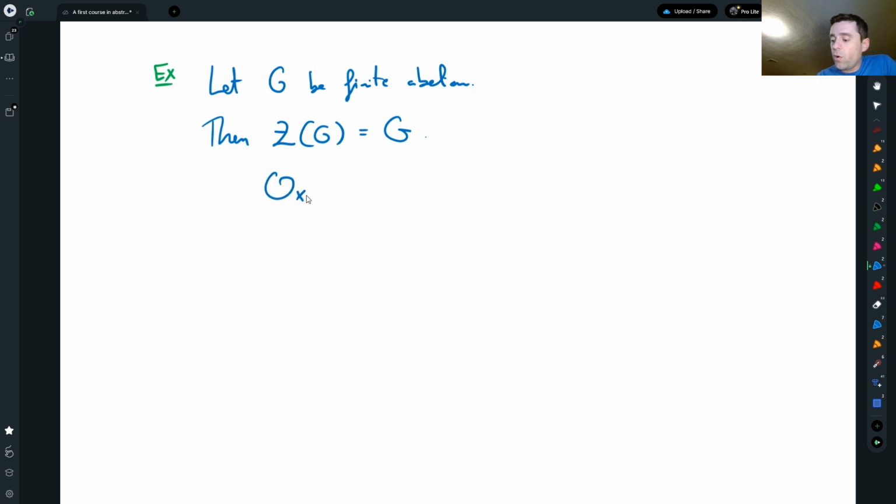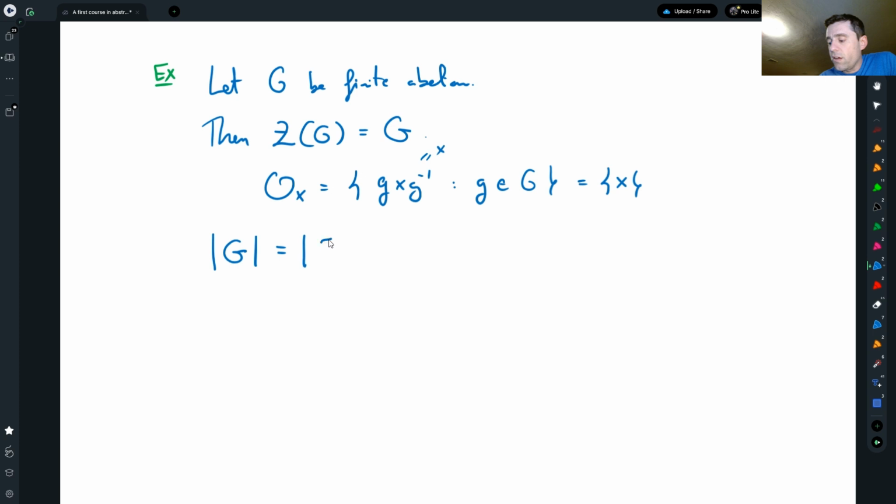For every orbit, those gxg inverse, as we run through g in G, because it commutes, is just x. So that means the class equation just reads the size of G is the size of the center plus nothing else. There are no orbits, so there's just a 0 here.